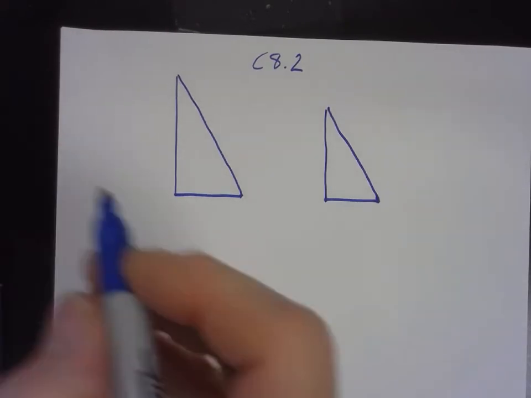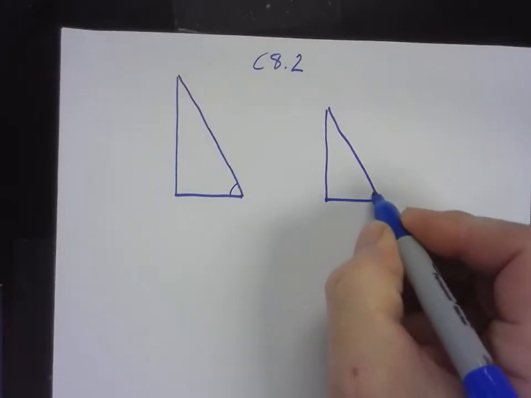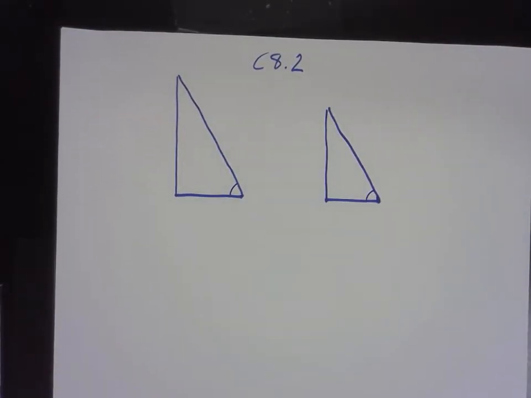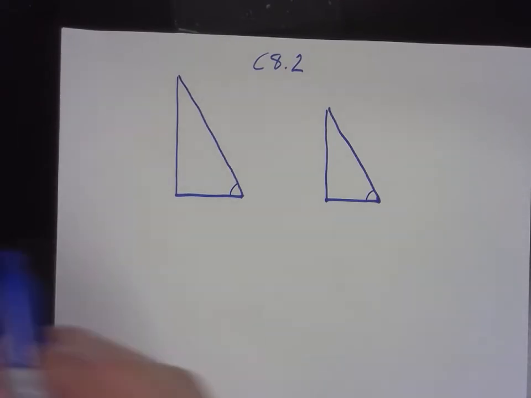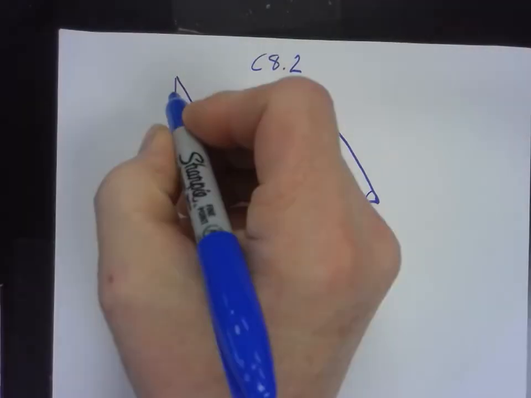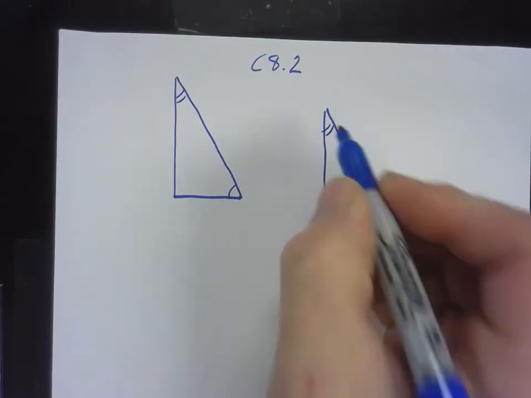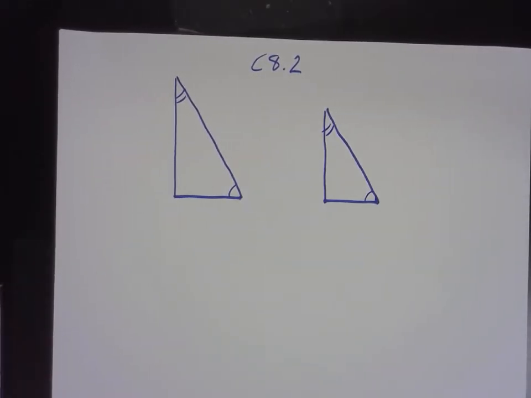So if I can tell you that, are they similar? No. Still no? Everyone agree? Okay. What if I tell you that? Yes. Now wait a minute. I hear a lot of yes, but are all three angles congruent?